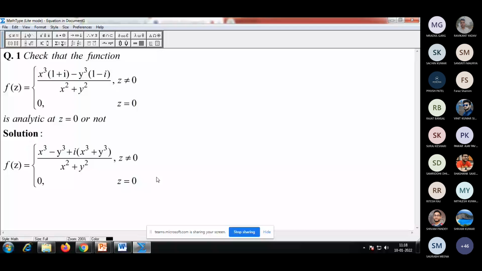So from here we can see u, the function of x comma y, is equal to this term that I'm writing here first. This means the real part. And v(x,y) is equal to x cube plus y cube.